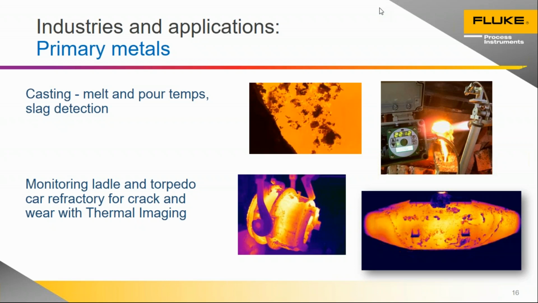Can the thermal imager be used to detect if a vessel wall is disappearing? We use these quite a lot, if it's based on the next slide, ladle monitoring, torpedo car monitoring, kiln shell monitoring. Yes, by looking at the outside of a shell of anything, we can often infer what's happening inside, if that's what the question is.